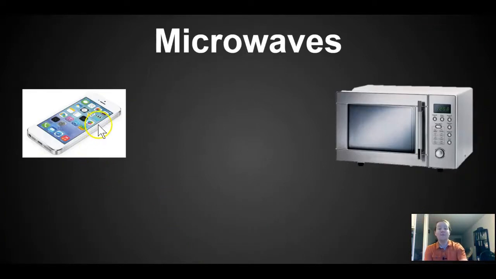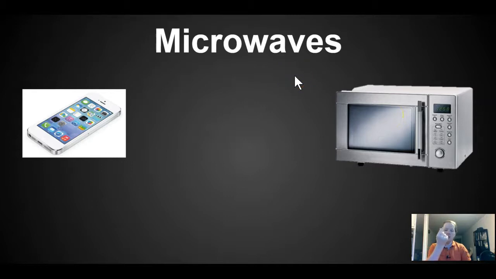Microwaves. Your phone also uses some microwaves. Bluetooth, 4G, data, that uses a combination of radio waves and microwaves. Another thing we use microwaves for: microwaves are used to heat food.